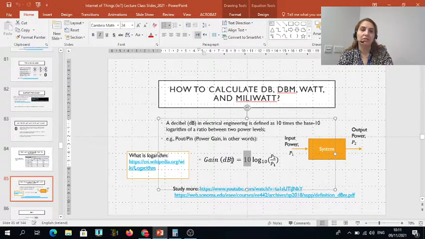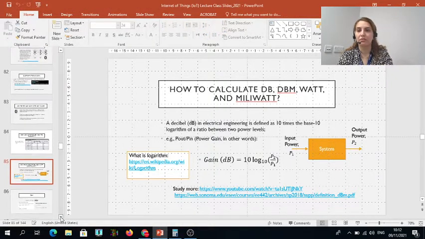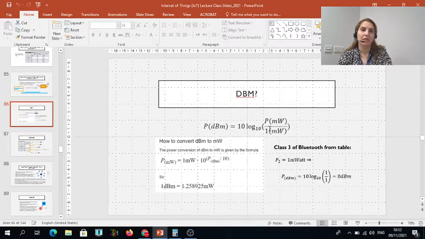Another way of looking at that system is called dBm. When we look at dBm, it means that we know the value of P1, that we are looking at a particular system that is referenced to 1 milliwatt. I'm going to move to the next slide, where I describe it a little further.